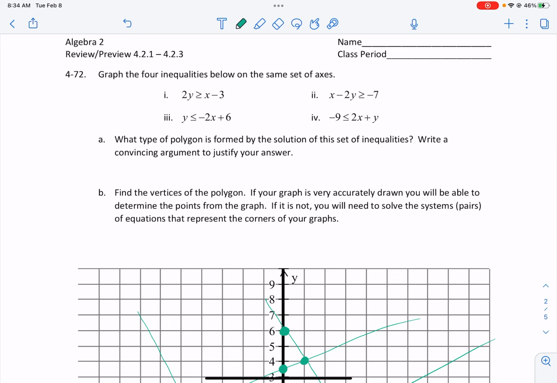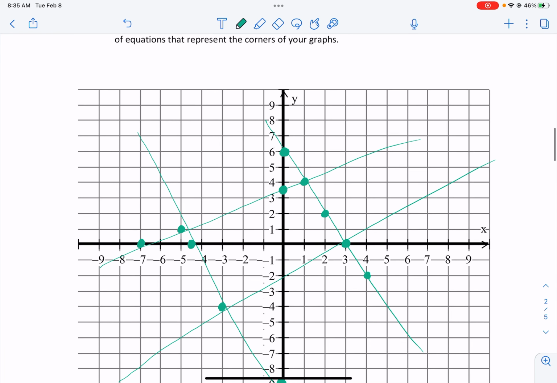So what you're going to write is a rectangle, with perpendicular lines or slopes. And find the vertices. So if they're accurately drawn, we'll see these points. So the points that we see here that are the vertices would be 1, 4, negative 3, negative 3, negative 5, 1, and 3, 0.